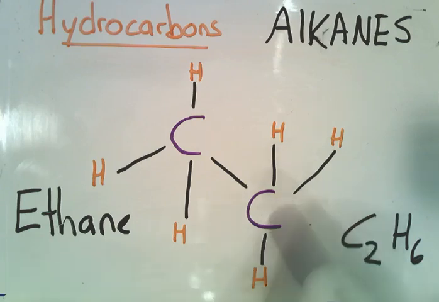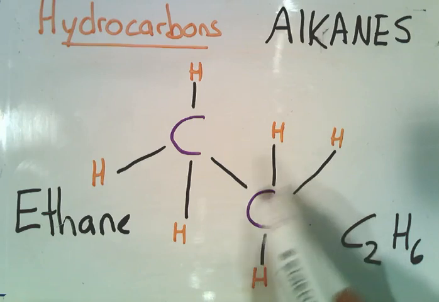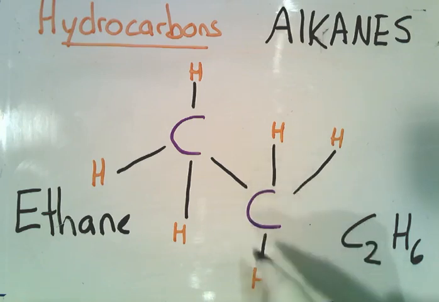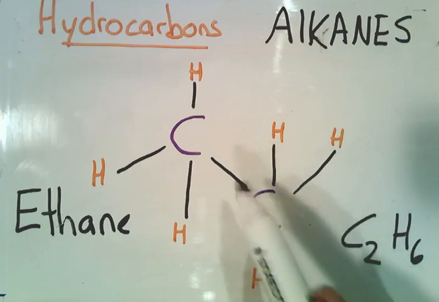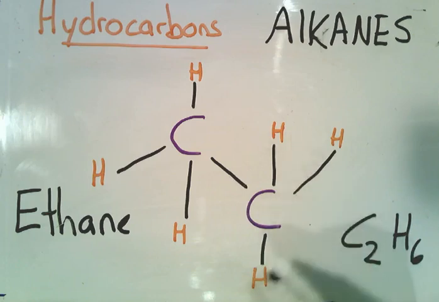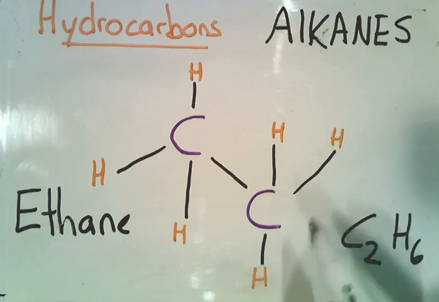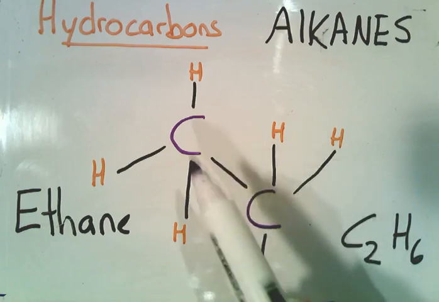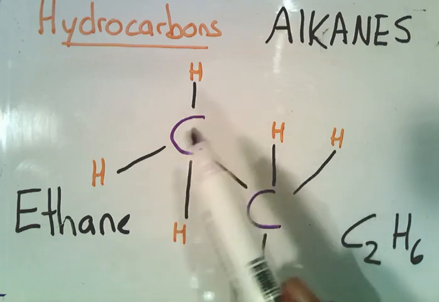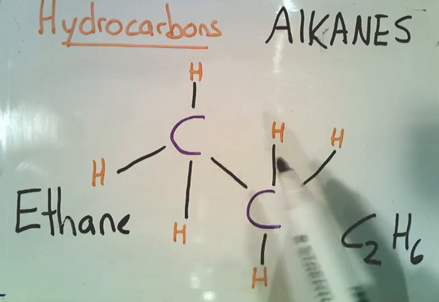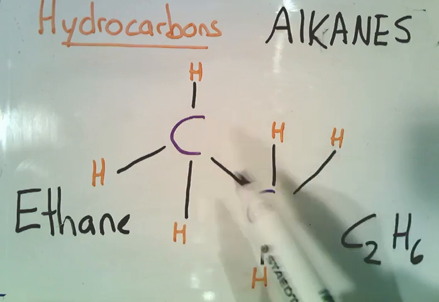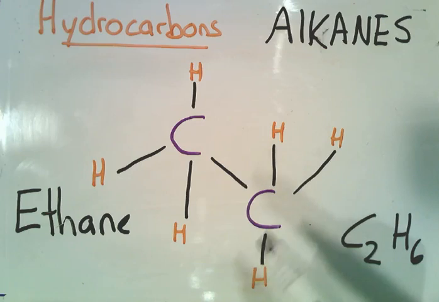Rather than one of the bonds being to a hydrogen, I've replaced that hydrogen with a carbon. This carbon also needs to have 4 bonds with other elements. So the other bonds are with 3 hydrogens. I've drawn this to show that they're tetrahedral, so it would be 3 down, 3 up here. But from now on, I'll just draw them simply.